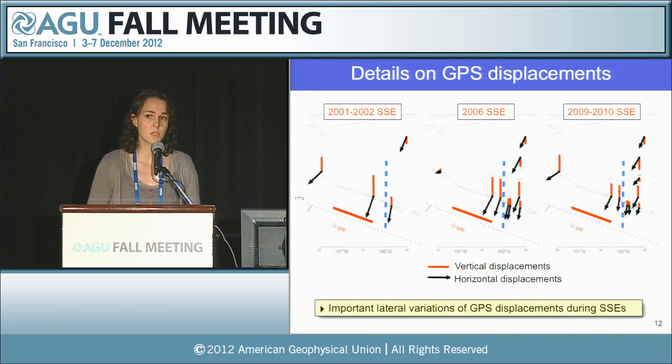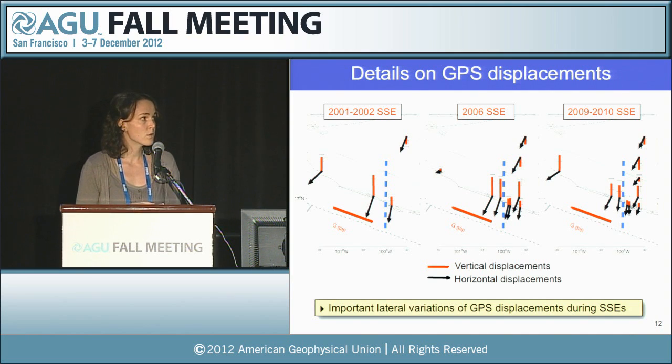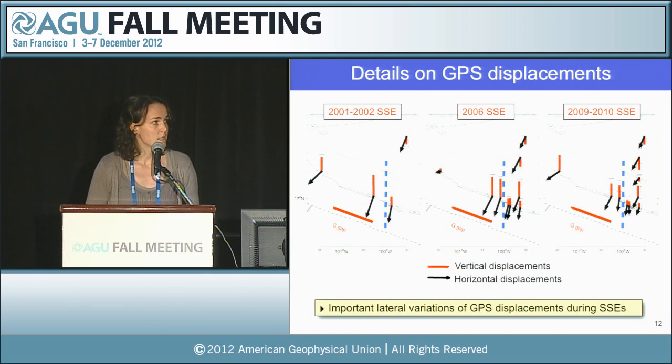If we go back to the GPS displacements, this figure shows a zoom on the GPS displacement in the Guerrero gap. The black represents the horizontal displacement and the red the vertical. We can see important lateral variations. On the west of this blue line, in the Guerrero gap, the horizontal displacements are larger compared to the east side, and the vertical displacements are also twice as large on the west side compared to the east side.